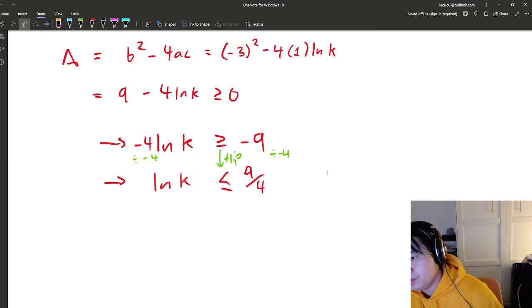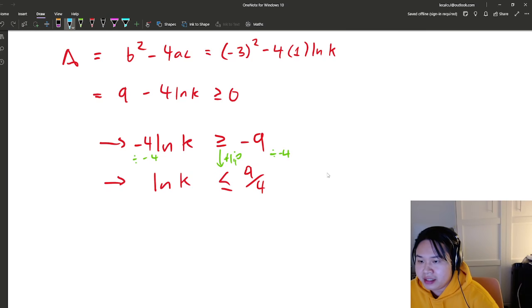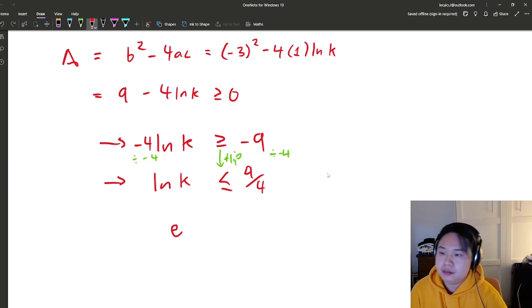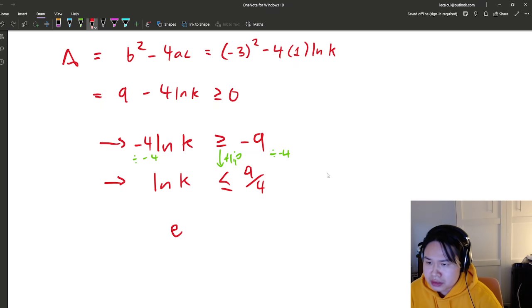And then from here, we want to get what k is. So if natural log k is less than 9 over 4, then we change this into exponential form. And then this is essentially saying that e to the power of 9 over 4 needs to be less than k.